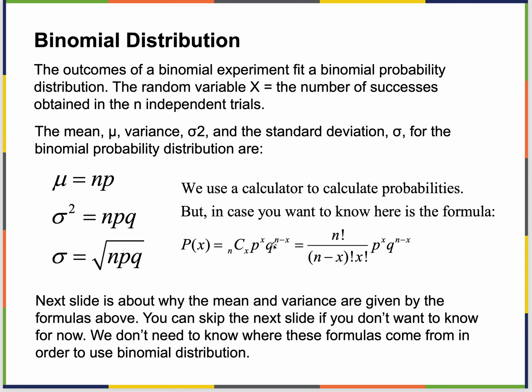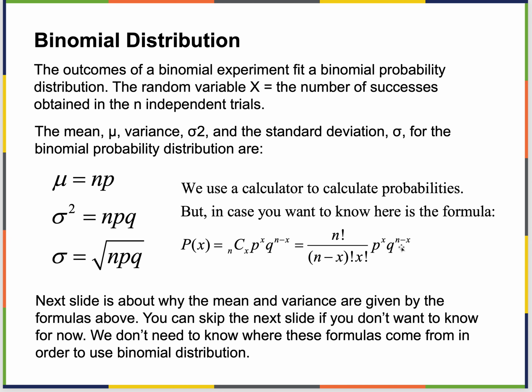And then 1 minus p, which is q, to the n minus x. Now this assumes you guessed all the right ones first and all the wrong ones second. But that's why they multiply it by the combination, because they want to look at all combinations of p and q. So it really becomes n factorial divided by n minus x factorial times x factorial.